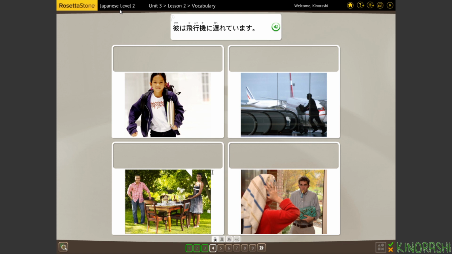Hikoki. Yes, it's airplane. You can recognize the kanji for airplane because in the middle of it has the symbol used in ikimasu. And you do go from one place to another when traveling in airplanes. Kare, hikoki, okurete.